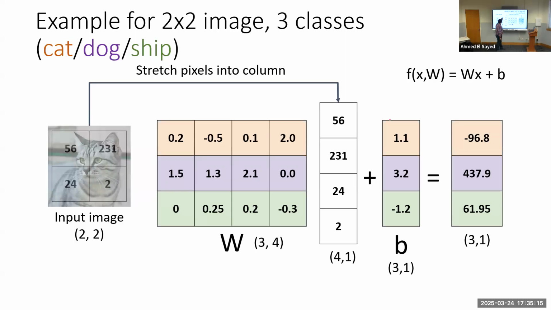I will move B from here and concatenate it to W. Can I move this and concatenate it here to be part of W? So this will be 3 by 5, multiplied with 4 by 1.